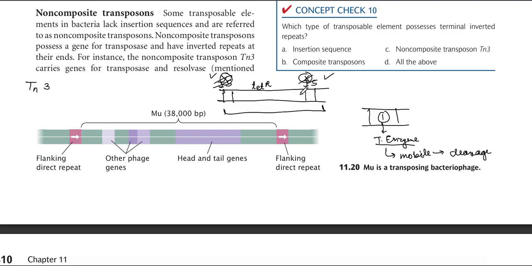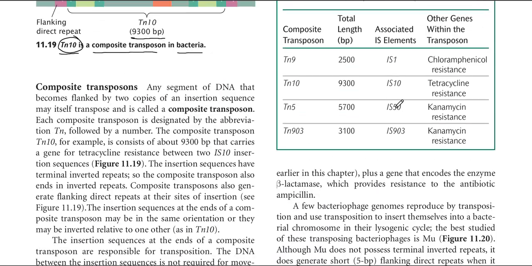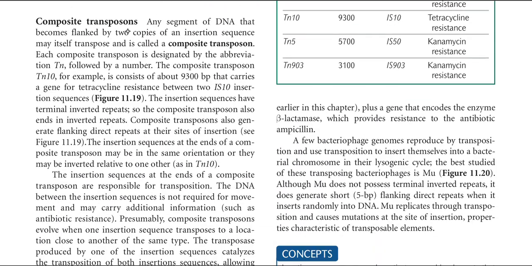So this is what you can learn here. It has been discussed already. Tn3 transposon carries the genes for transposase, carries the genes for resolvase also, and it also carries the genes for beta lactamase, and beta lactamase provides the ampicillin resistance.